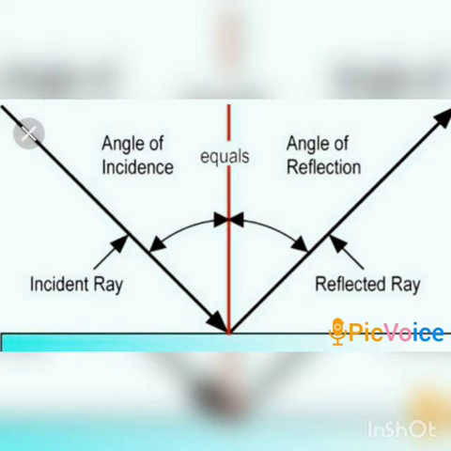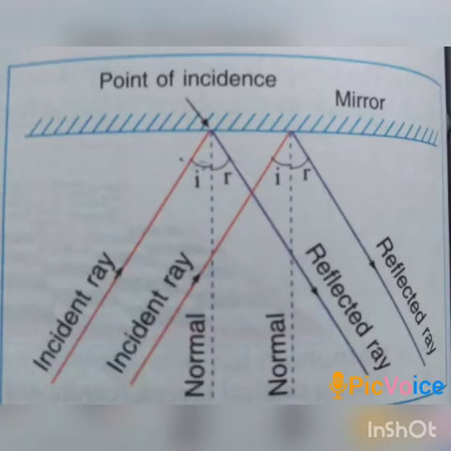Now I am going to explain the laws of reflection. Students, we discussed the important terms related to the laws of reflection. Now we can put together the two laws of reflection which govern the formation of an image by a mirror.